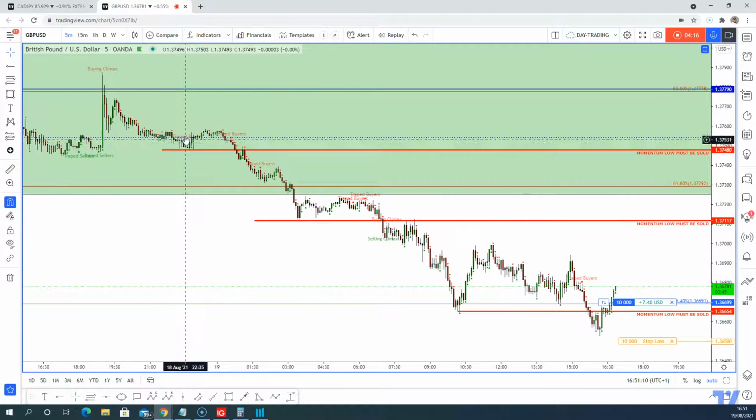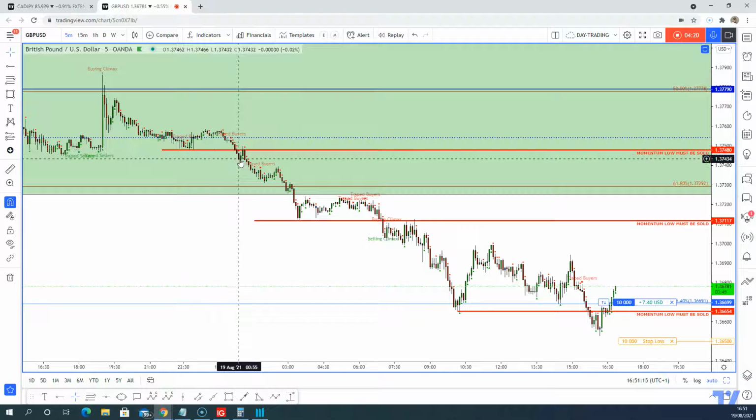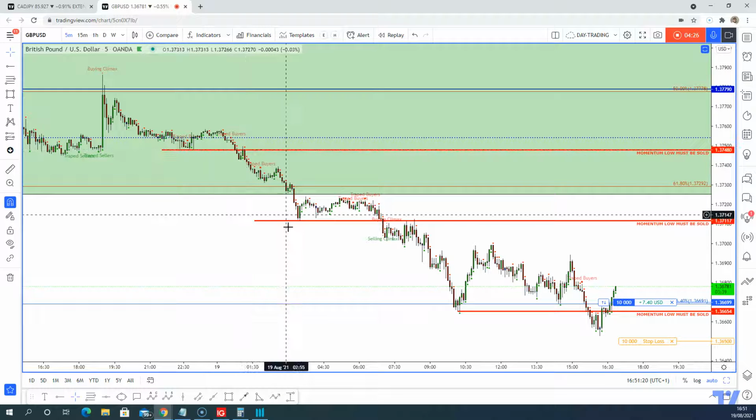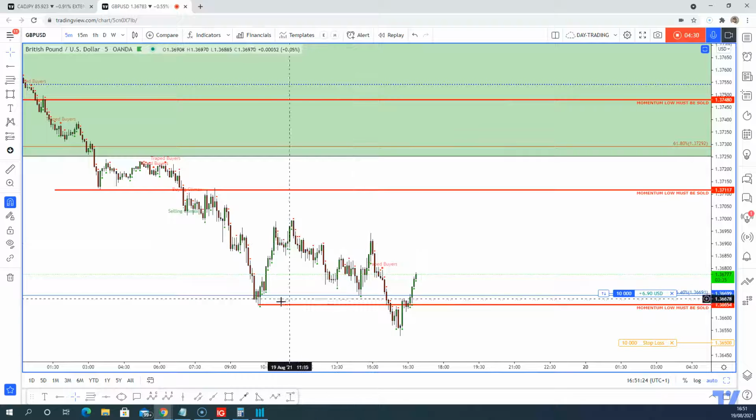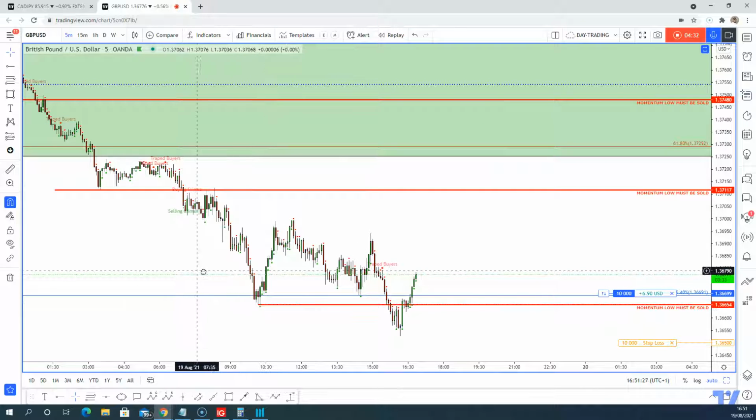Okay, and as you can see, as soon as the price traded down below the momentum low, the most they've done is retested it and smashed down, retested it and smashed down. We now got to this momentum low, the correction.